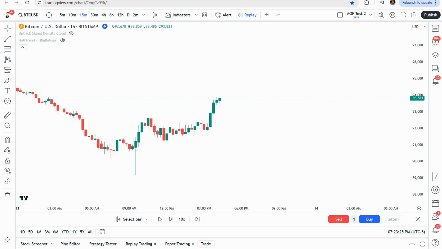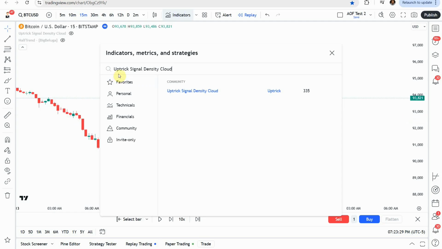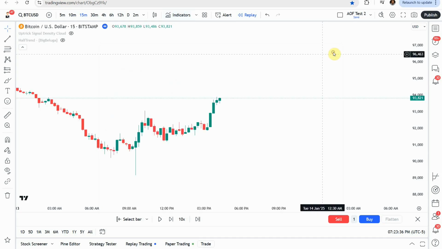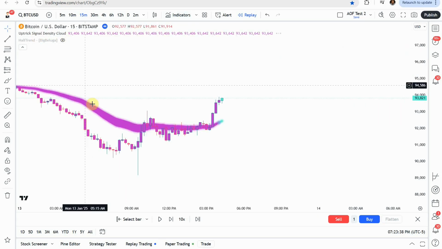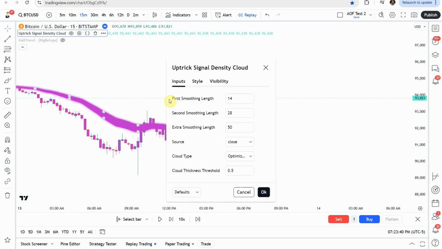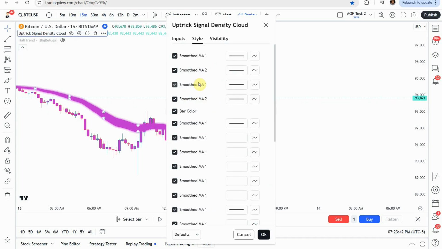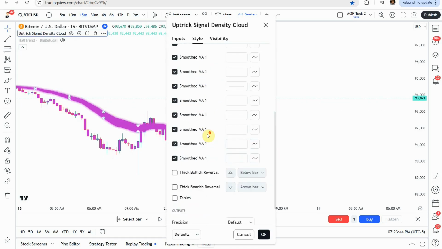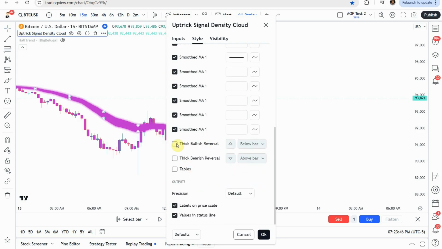And so the first indicator we are going to add to the screen is actually going to be the uptick signal density cloud. This one right here. Go ahead and click on that and add it to the screen. And we're going to jump into the settings and we're going to go into the styles. I'm going to scroll down to the very bottom. We're going to uncheck these three selections right here.